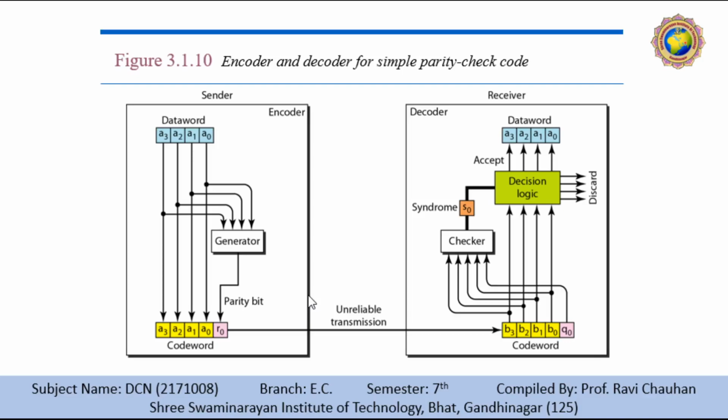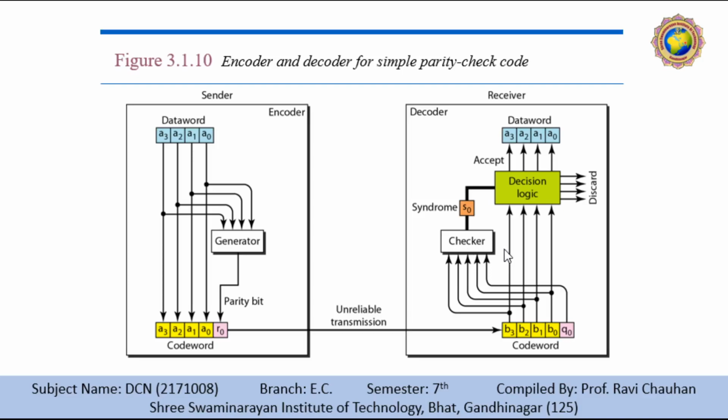The sender sends the code word, which may be corrupted during transmission. The receiver receives the 5-bit code word. The checker at the receiver is the same as the generator at the sender side with one exception: the addition is done over the 5 bits.